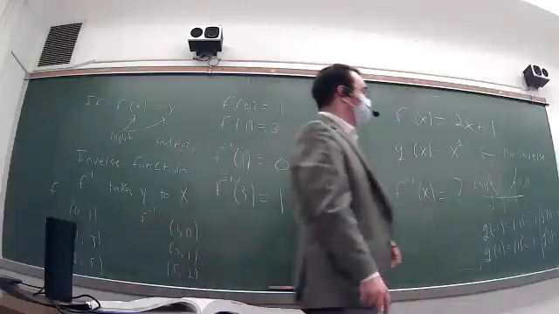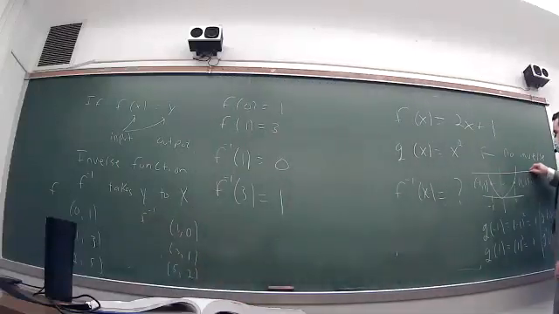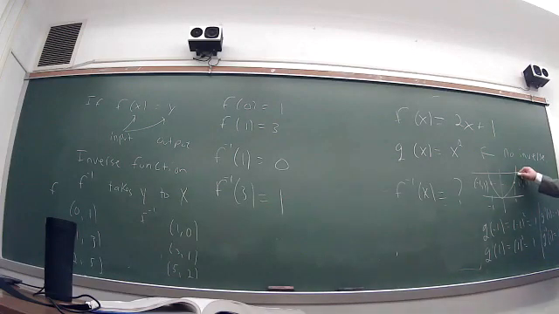Generally speaking, whenever it's possible to draw a horizontal line like that and hit the function at any 2 points, it's not going to have an inverse, because the inverse function would have to send one single y value, like the number 1, to 2 different places.